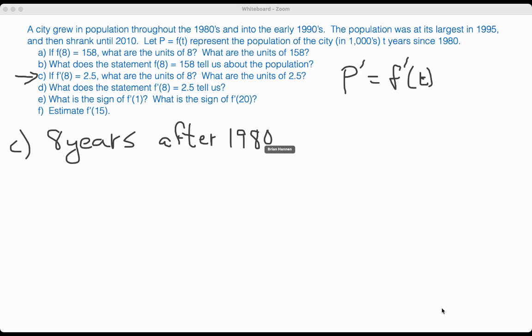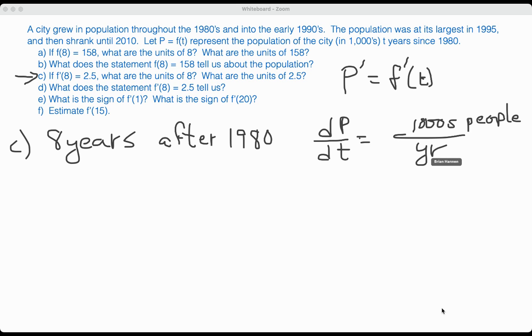But what does the derivative represent? In this case, it's a function of population as the time changes. And so when we asked what's the meaning of that, it's really going to be in thousands of people per year. You're looking at that change, and we're seeing how many thousands of people per year.